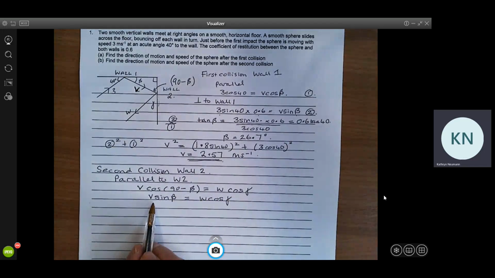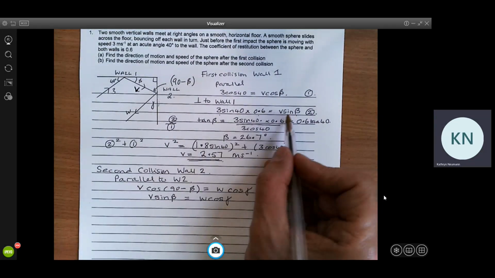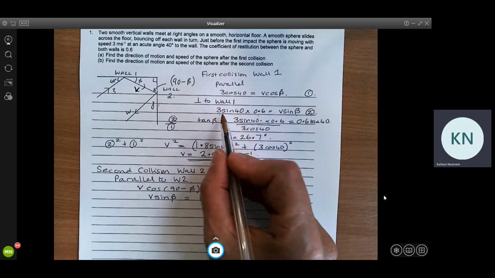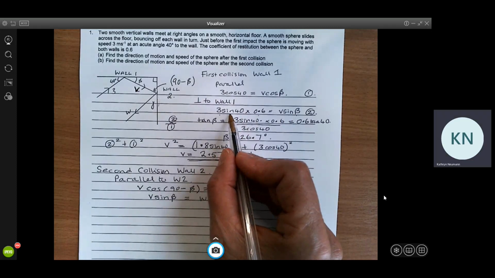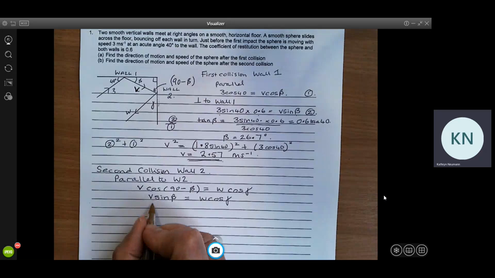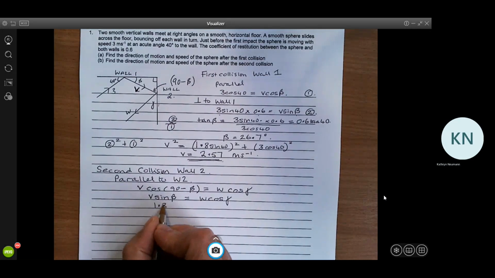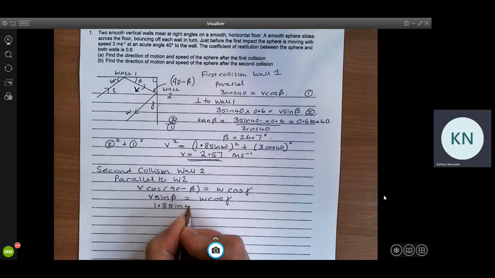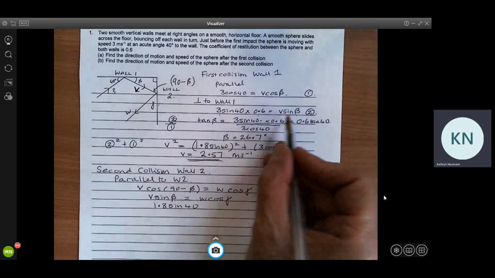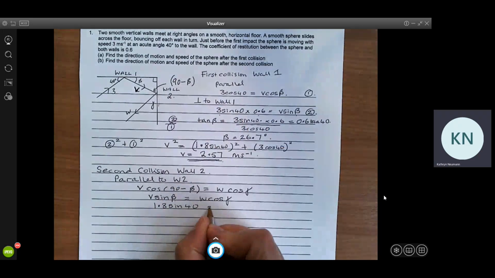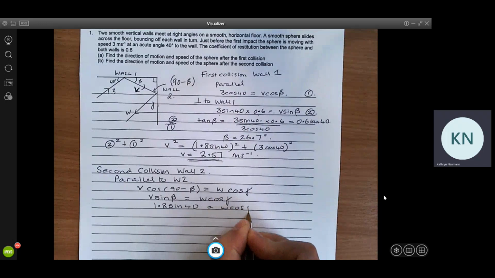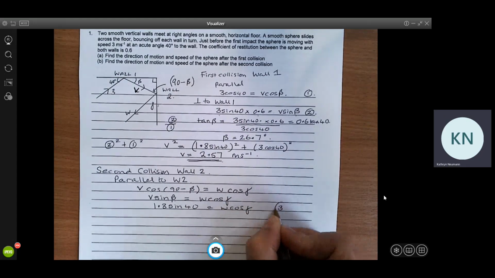But we know what V sin beta is from up here. So from here, V sin beta is 1.8 times sin 40. So I've got 1.8 sin 40. That's what V sin beta is equal to from up here, is W cos gamma. And that is equation 3.